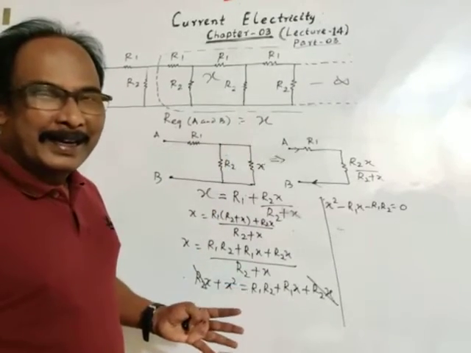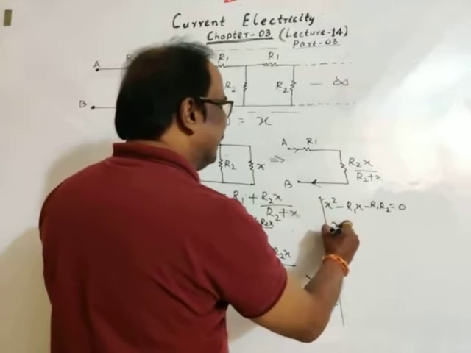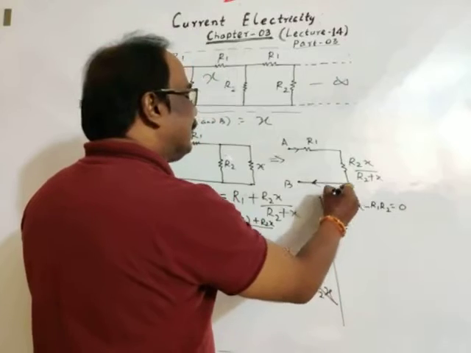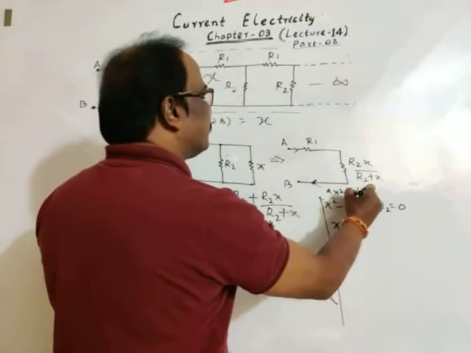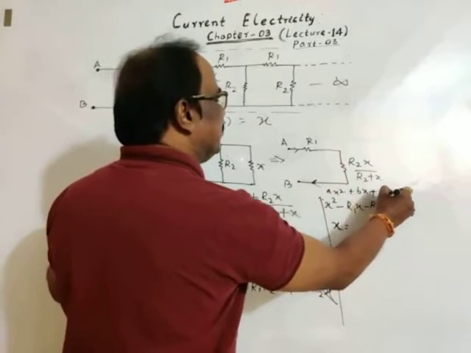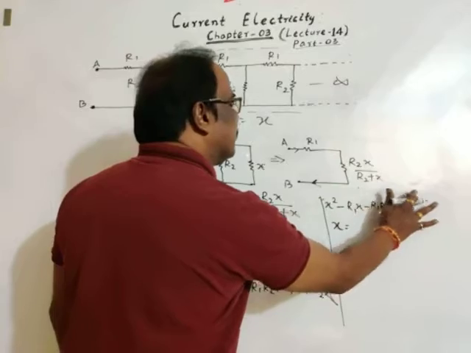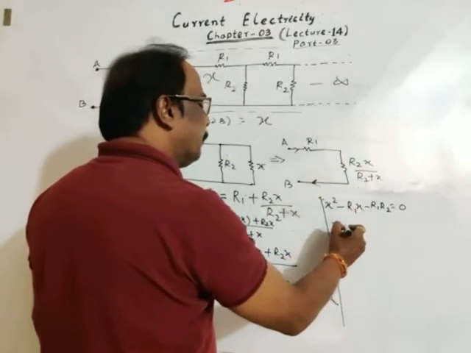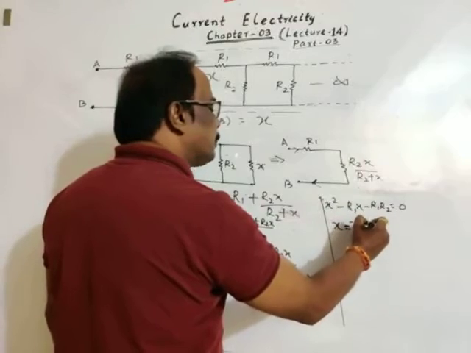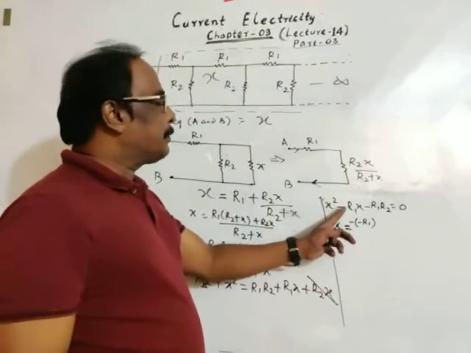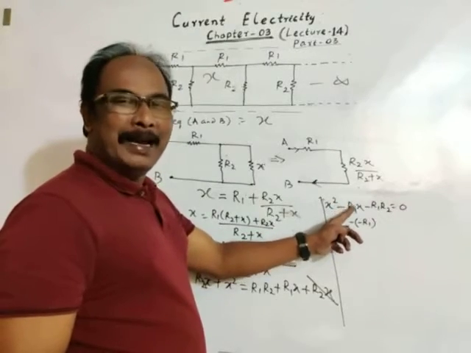What is the equivalent resistance? Solving it, the equation is in the form of X squared plus Bx plus C is equal to 0. Now solving, X is equal to minus B plus or minus square root of B squared minus 4AC. In place of B, we have got minus R1.